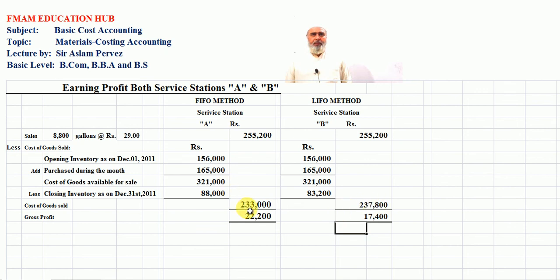The cost value of company A is lesser than the cost value of company B.